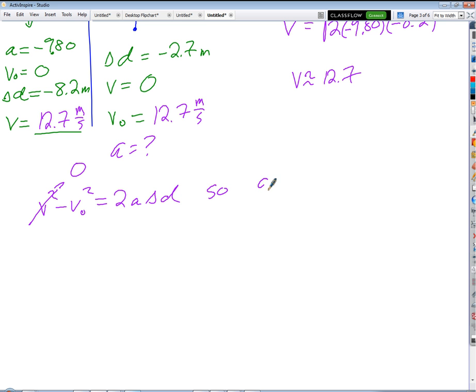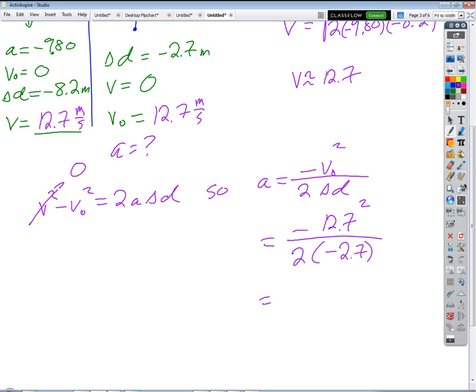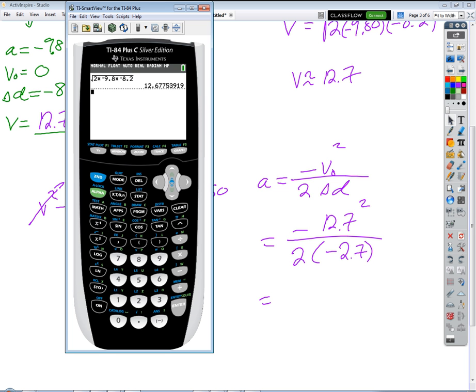So A equals negative V naught squared over 2 delta d, which equals negative 12.7 squared over 2 times negative 2.7. What do we get? There's our 12.7 unrounded, let's use that.